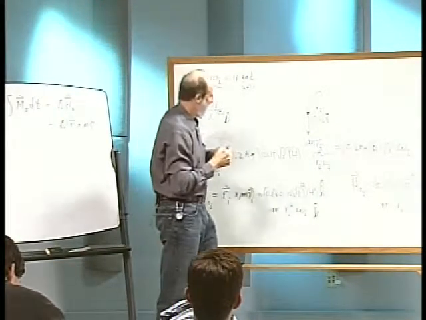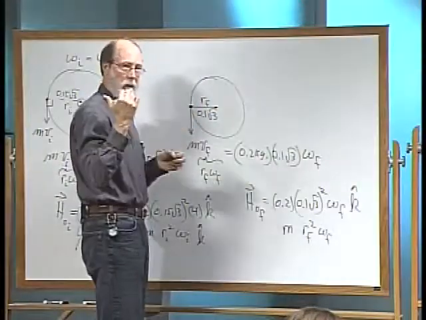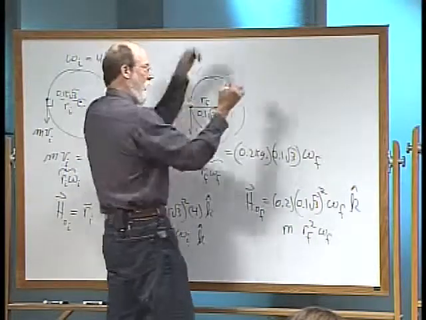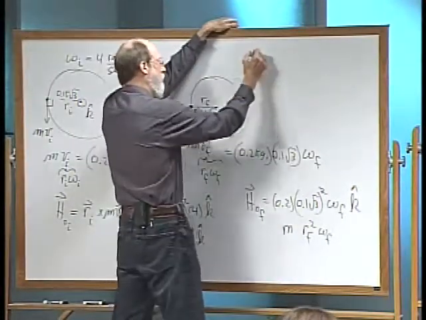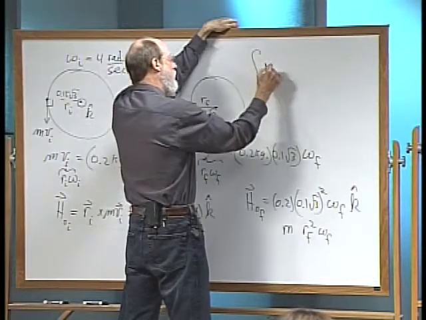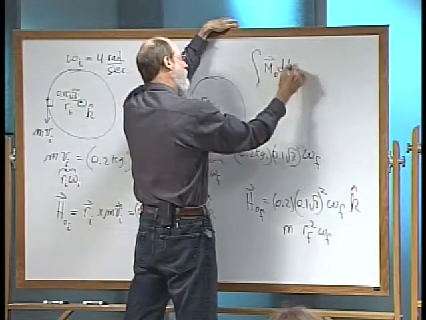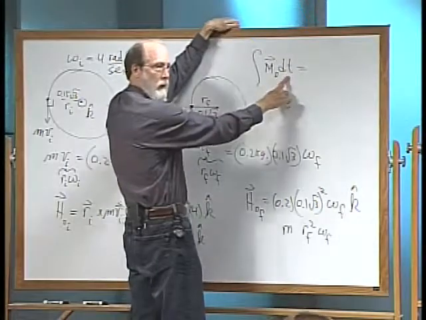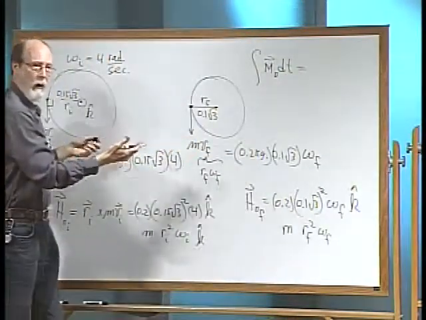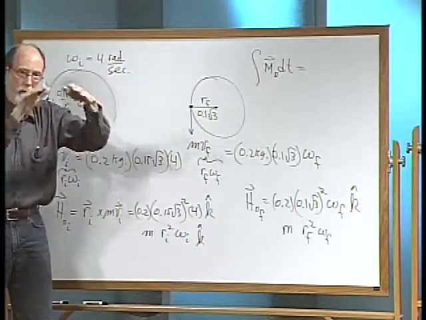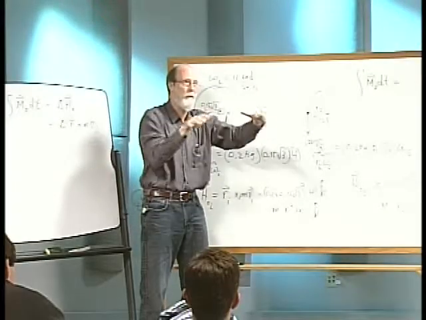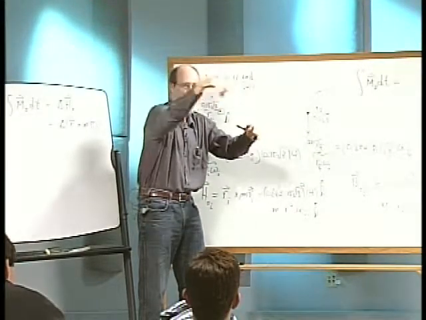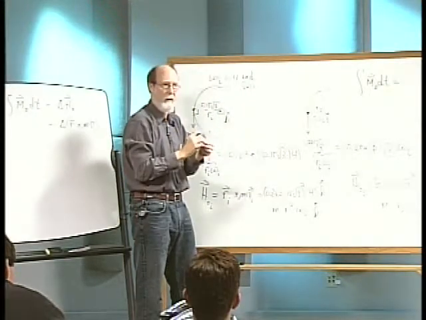Now, the concept that we wrote up on the board originally is that the applied torque in the system over time is the impulse. Is there any applied torque? There's no friction on this conical surface. Is there any torque applied?